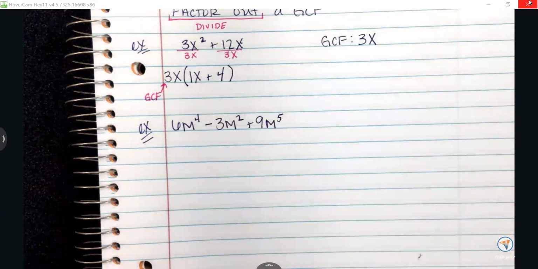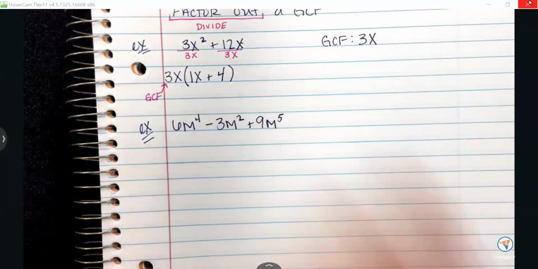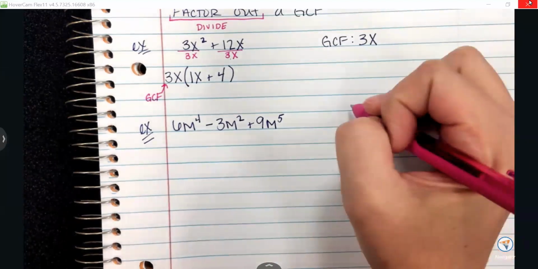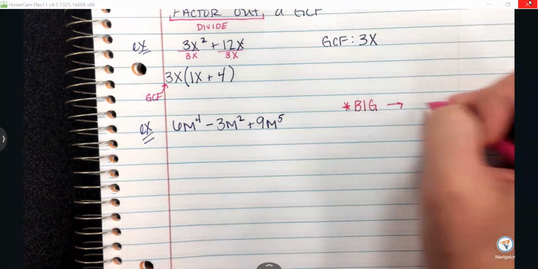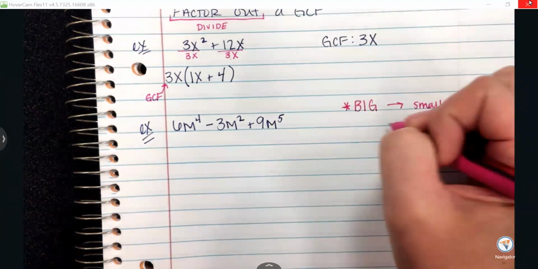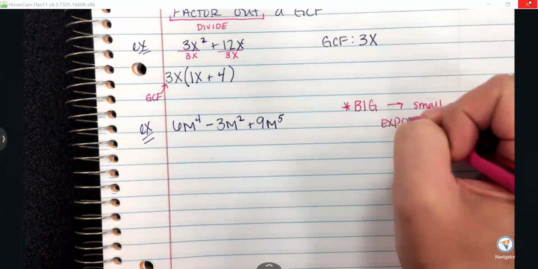So just like the last unit we did, before you do anything, it has to be in order. Okay, so your problem needs to be in order before I start anything. How do I make it in order? It has to go from big to small exponents. What's the exponent?